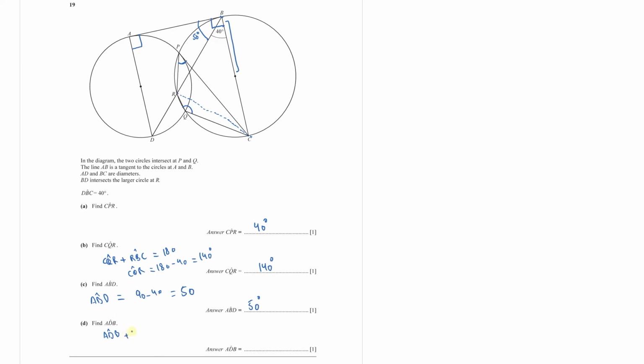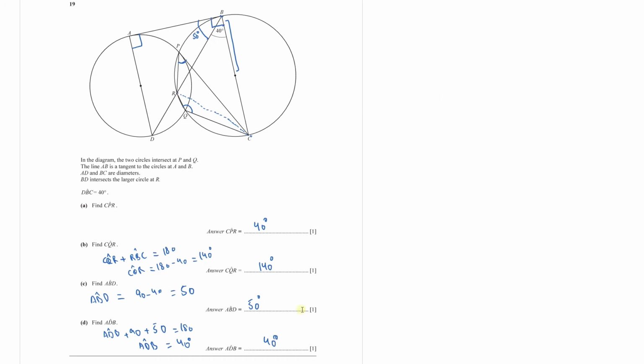The sum should be 180. So ADB would be 90 plus 50 is 140, and then you subtract 140 from 180, you get 40 degrees. So this angle here would be 40 degrees.